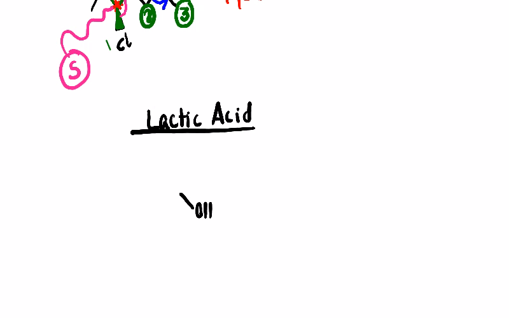Lactic acid, as the acid term implies, has a carboxylic acid group at one end of the molecule. Then we have a carbon that is directly bonded to a methyl group and directly bonded to a hydroxy group. So we'll go ahead and fill that in like so.